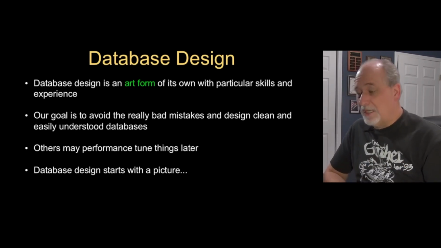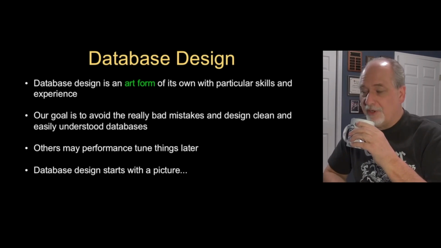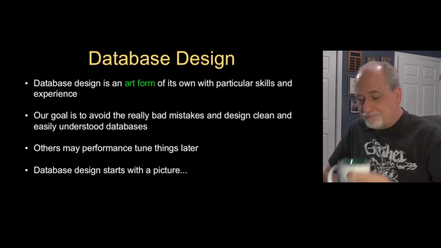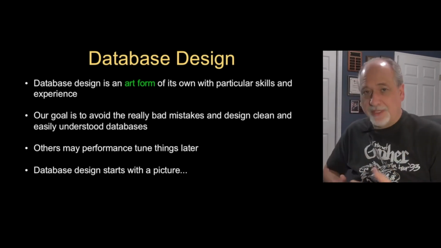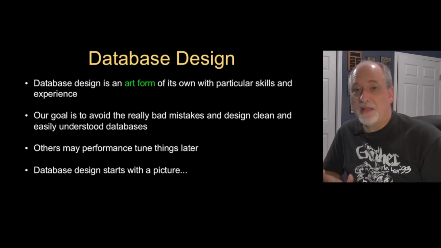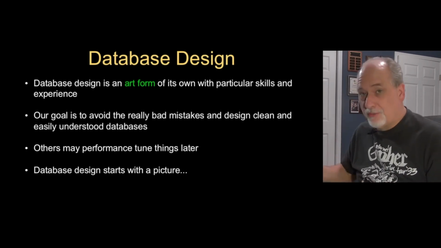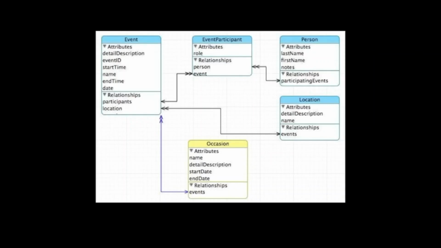But database design is the act of figuring out the data that your application is going to want to store and spreading that across multiple tables. But we don't just do it randomly, we do it very cleverly. If you look at a data model, this is what it looks like. What we're showing here is 5 tables in a kind of calendar system.